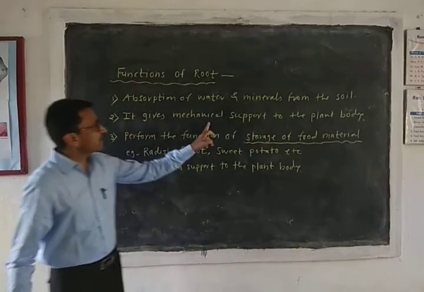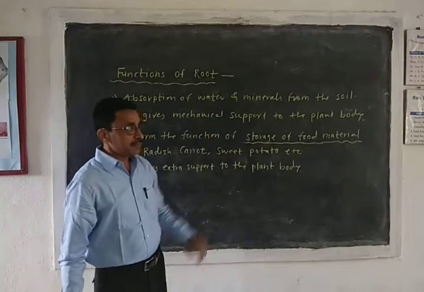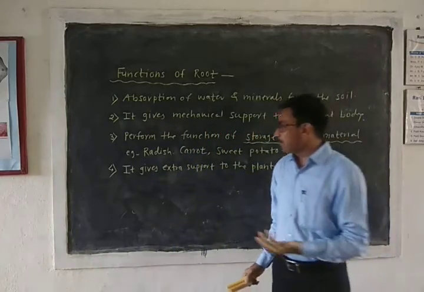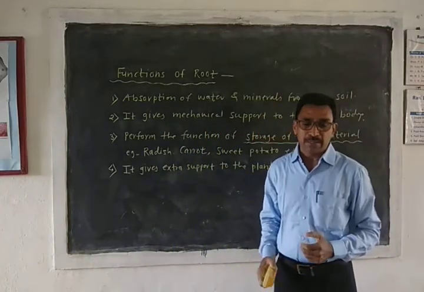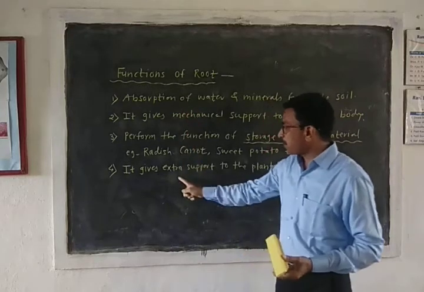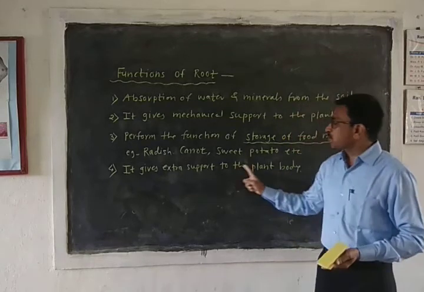The second function of root is that it gives mechanical support to the plant body. But sometimes the plants in which the stem is weak need extra support, and the roots also perform the function of extra support to the plant body.